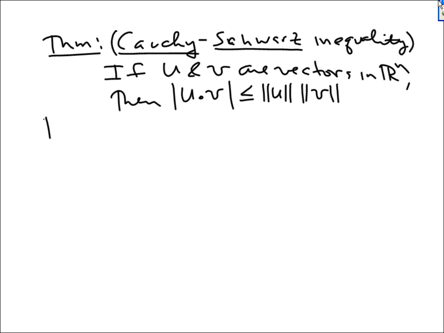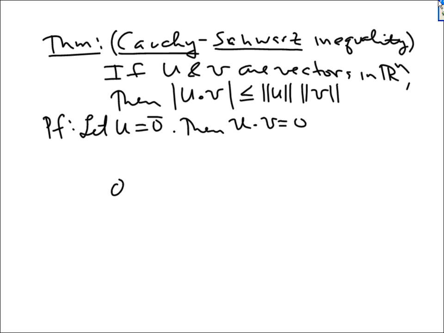Now, the proof. Let's suppose U is 0. Let U equal the zero vector. Then U dot V is 0, because the zero vector dotted with anything, if we're in R3 or R4, that's U, and you dot it with V, which may or may not be the zero vector.